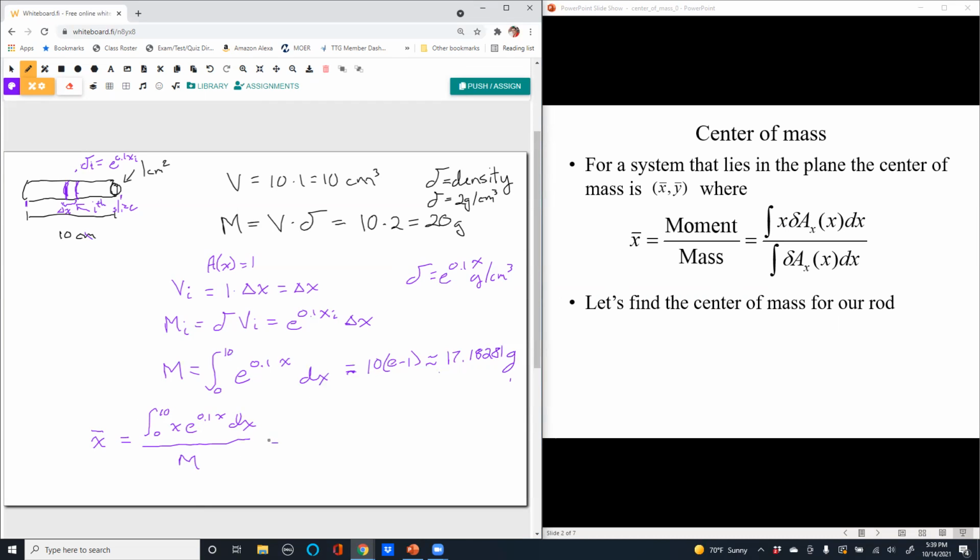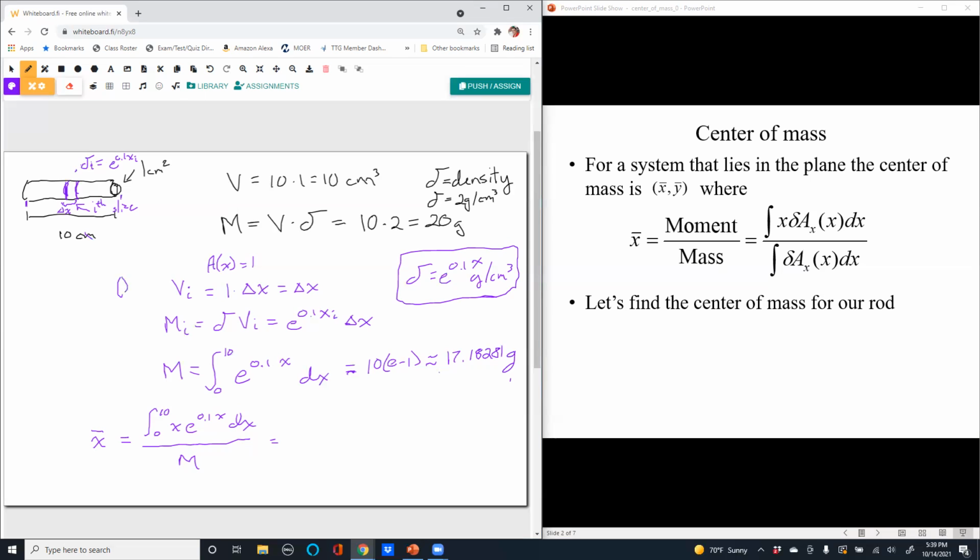Now, before we calculate this, let's do a little thought experiment, okay? Let's figure out roughly where this center of mass should be. So we've got a density that is increasing. E to the 0.1x is an increasing function.